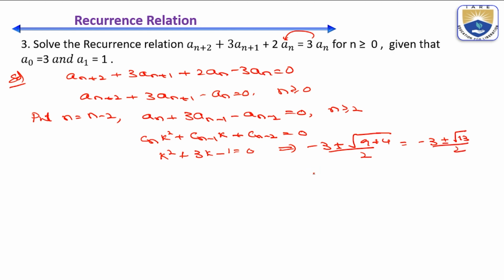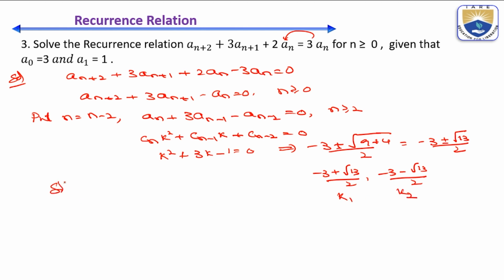So the two roots are minus 3 plus root 13 by 2 and minus 3 minus root 13 by 2. Two roots are real and distinct. I am going to take this as k1 and this as k2.